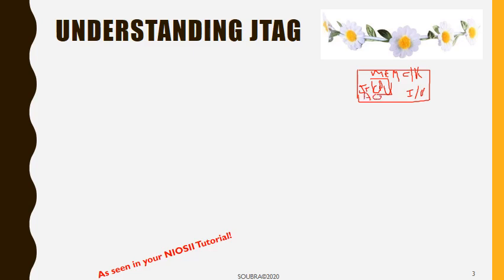So what was the purpose of the JTAG? If you remember quite well, once you've put your system on the FPGA, you still had your computer connected to the FPGA. So your personal computer was still connected to the FPGA.